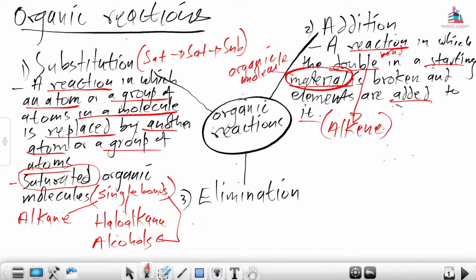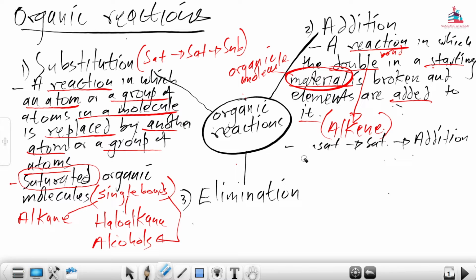So when I am moving from an alkene, which is unsaturated, to saturated, because now I am breaking down the double bond, that reaction must be an addition reaction.